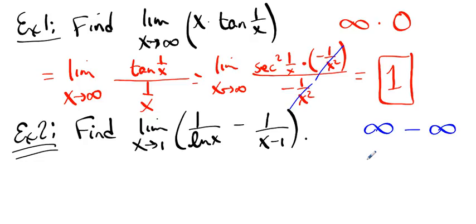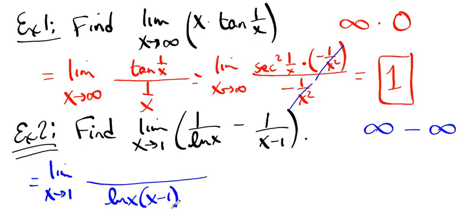So what happens when you take infinity and subtract infinity? Who wins? Well, sometimes infinity does, and sometimes negative infinity does, and sometimes it's 0, and sometimes it's something completely different. L'Hopital's rule does not apply to this because this is a difference, but I know how to combine fractions where the denominators are different, and so do you.